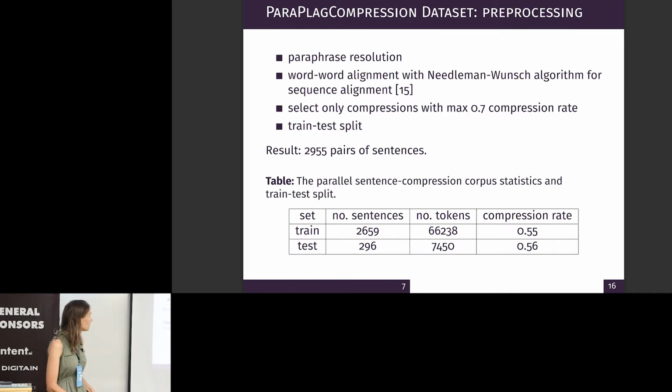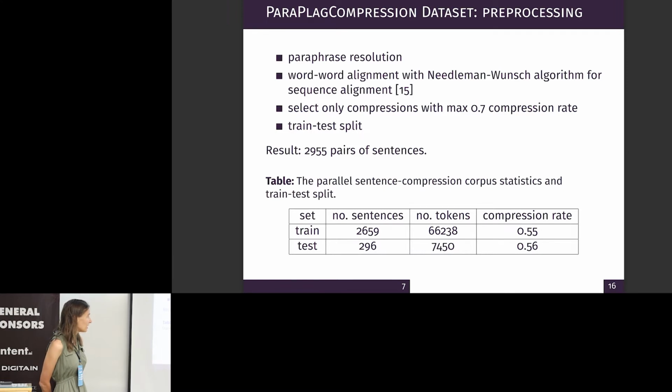Then I made word-to-word alignment with the Needleman-Wunsch algorithm for sequence alignment, which is originally used in biology to align gene sequences, but in natural language processing we use it as well. And then I selected only compressions with a maximum 0.7 compression rate.